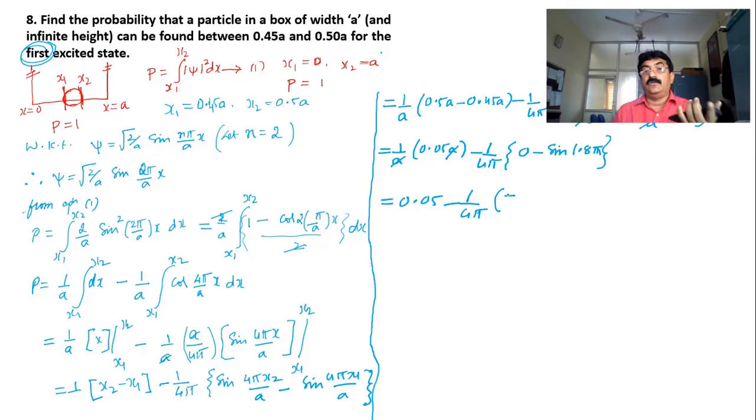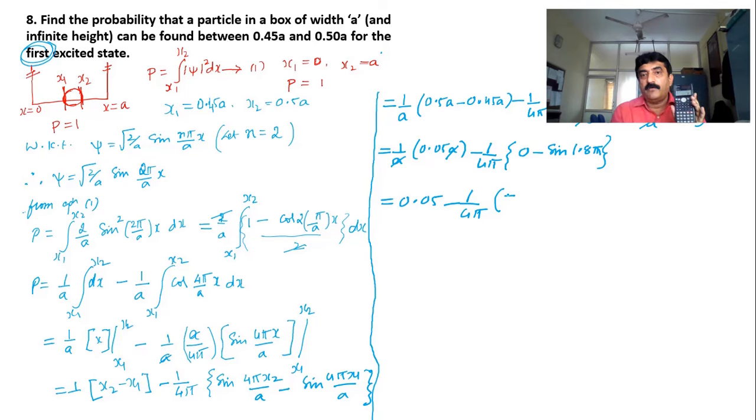Now you take the calculator. Dear students, you can do this in two ways. Number one, in degree, or number two, in radian. If you want to do it in degree, check the calculator whether it is in degree mode or not. If it is not in degree mode, bring it to degree mode and continue.